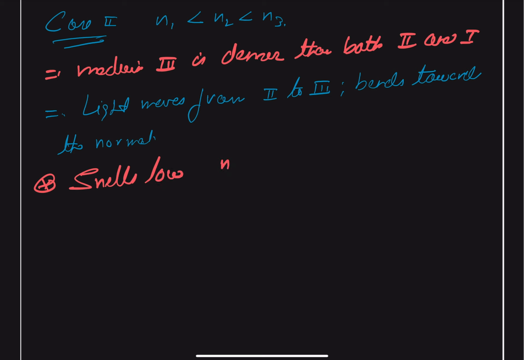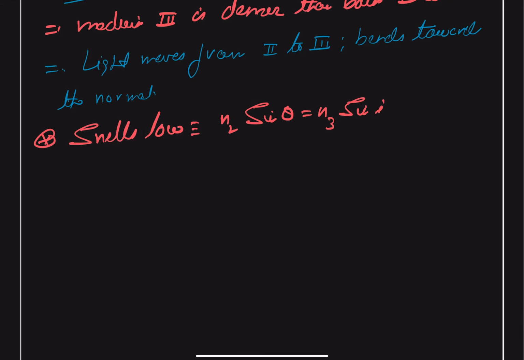And it tells us that n2 sine of theta will be equal to n3 sine of i, and with almost the same calculation, we get sine of i is equal to n2 upon n3 times sine of theta, and sine of theta we already know is greater than or equal to n2 upon n1.